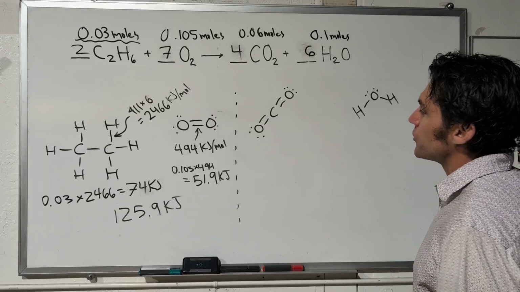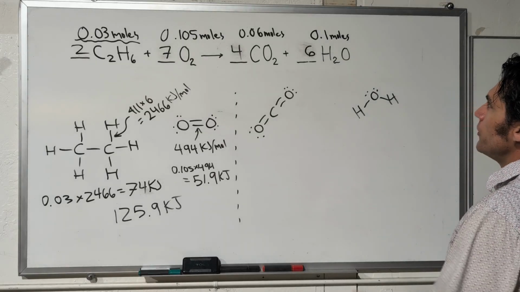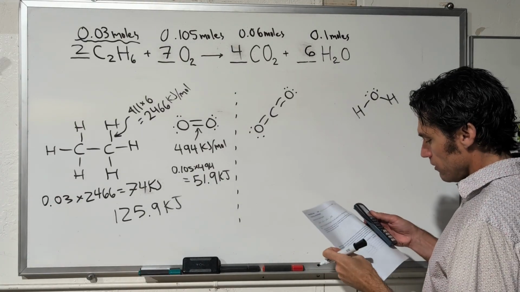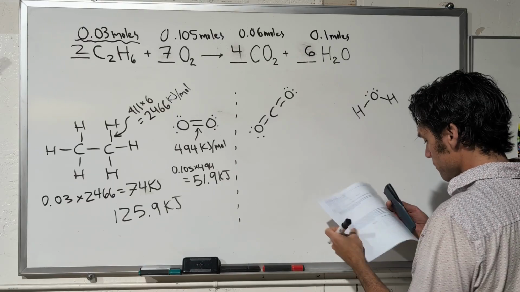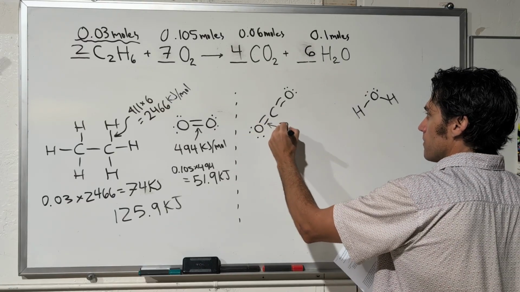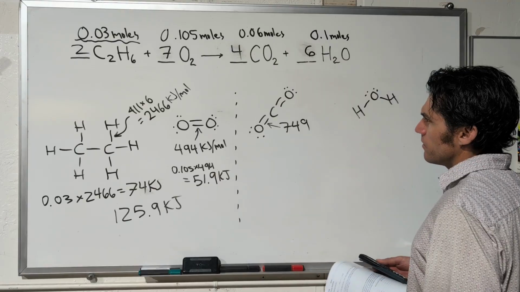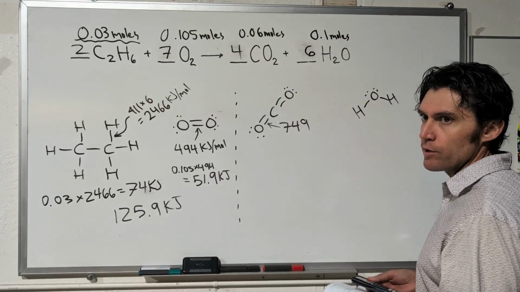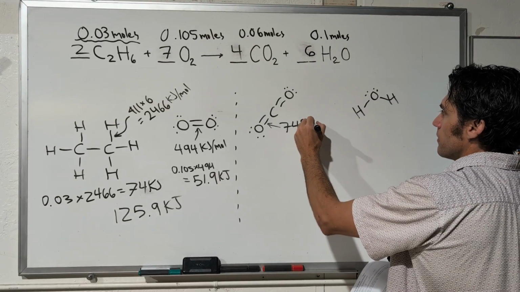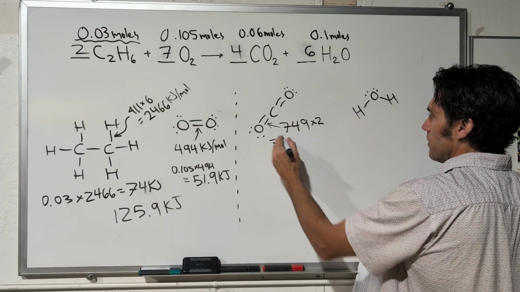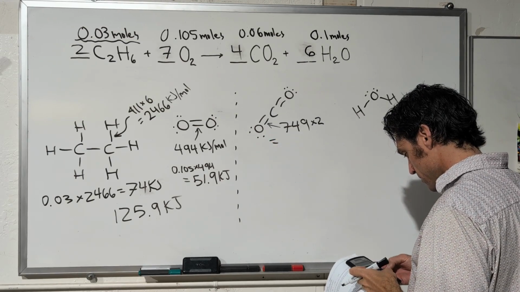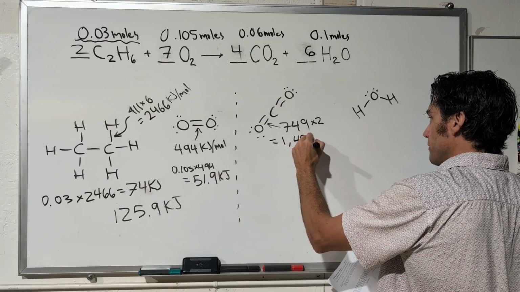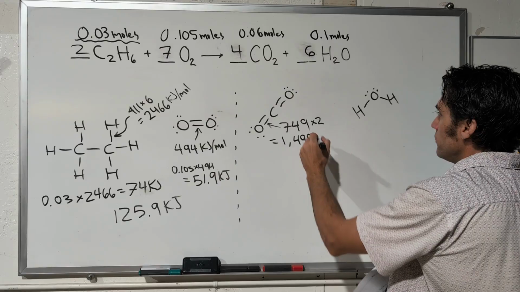All right, so let's go over here to this side. The C double O bond is 749. And we have 2 of them in this molecule. Equals 1,498 kilojoules per mole.